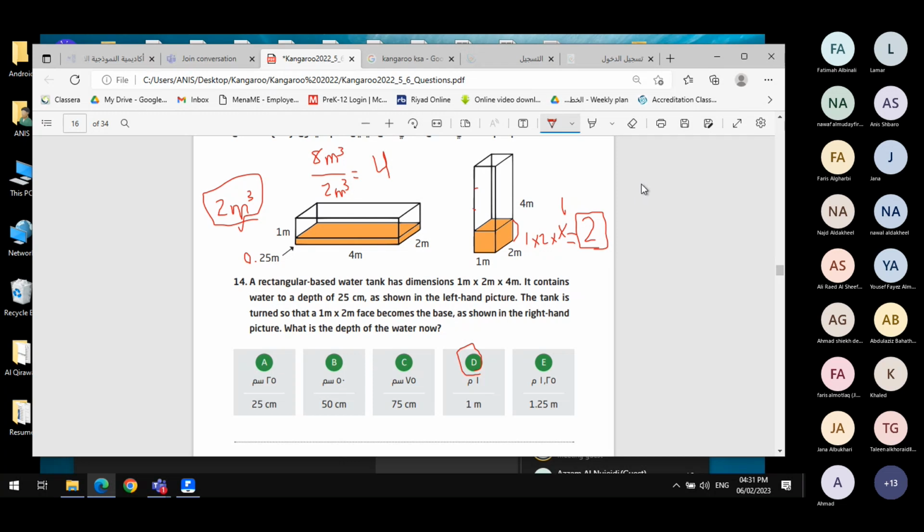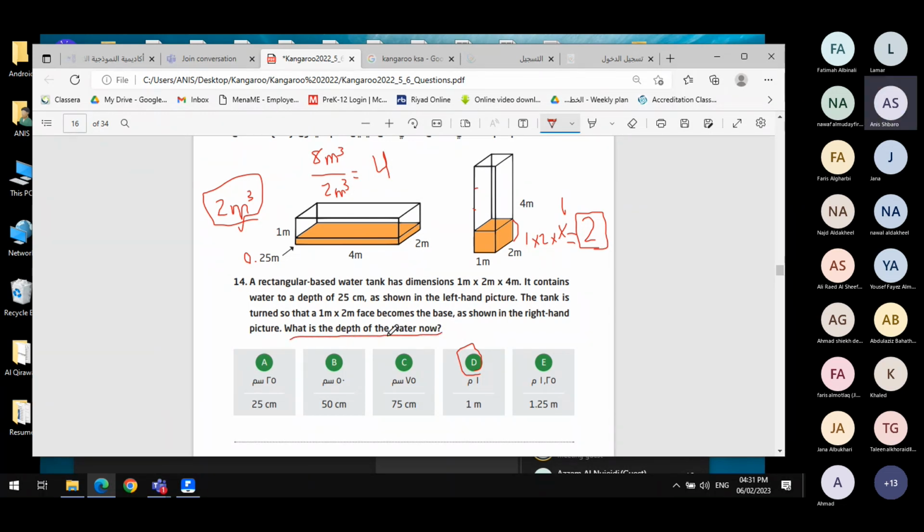So what's the question? No matter how we flip it, it will still be the same volume, the same size. But is the question about how much it added? No. What is the question?